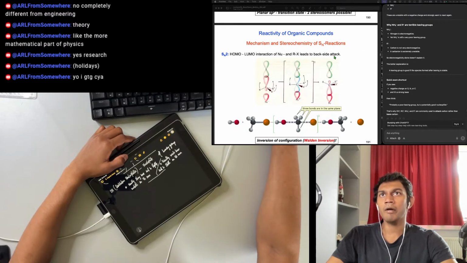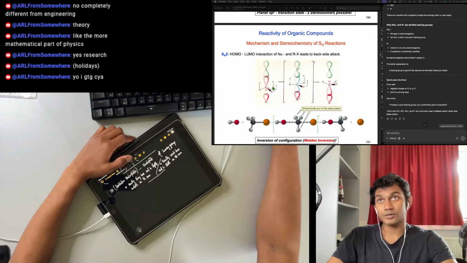Reaction mechanism and stereochemistry. HOMO-LUMO interactions of the nucleophile and the alkyl halide lead to backside attack. Okay, so the nucleophile comes up. Due to its negative charge, all the negatively charged or metal groups have some electrons in them. They move to the other side, resulting in a partial polarity.